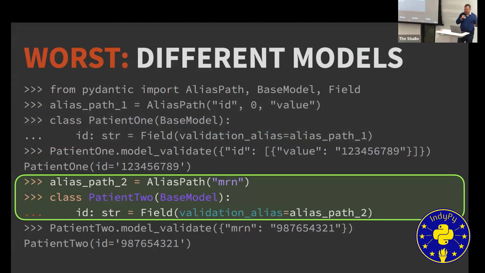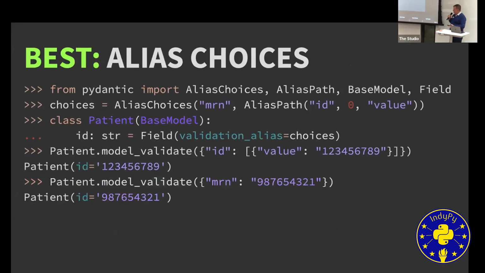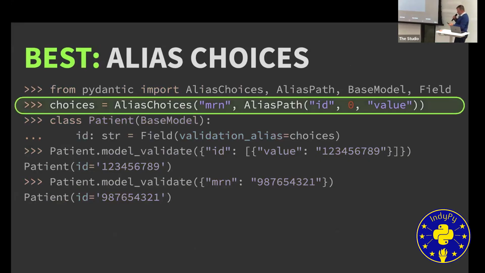We're letting the complexity of the data structure seep into our code. And so now every bit of code that deals with the patient has to know, does this patient have an MRN? Am I checking the MRN for the ID? Or does it have a deeply nested ID? So instead, let's write a single model and let alias choices abstract away that complexity.